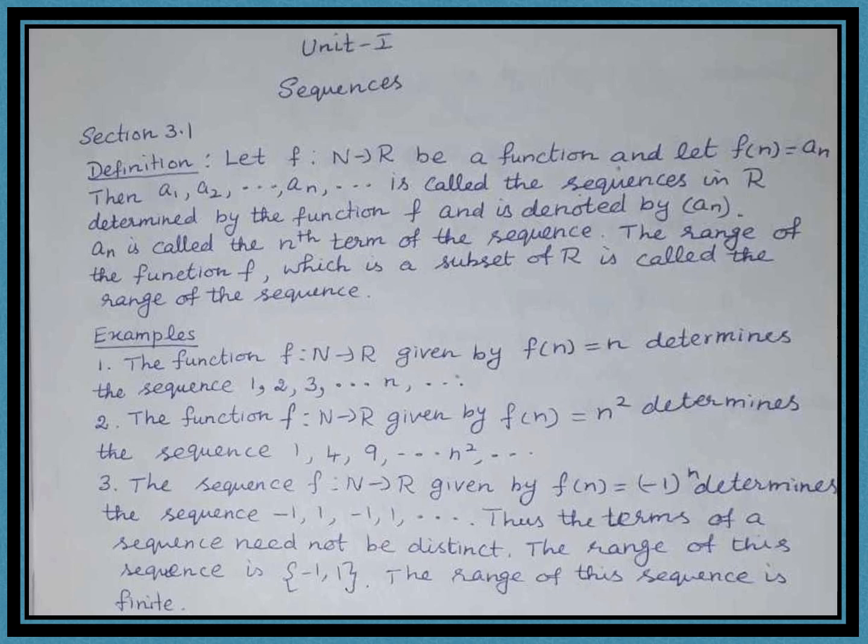So the sequence will have the terms minus 1, 1, minus 1, 1, etc. From this example, we conclude that it is not necessary that the terms of the sequence are distinct. The terms may repeat. Here the range of the sequence is minus 1 and 1. The range of the sequence here is finite.